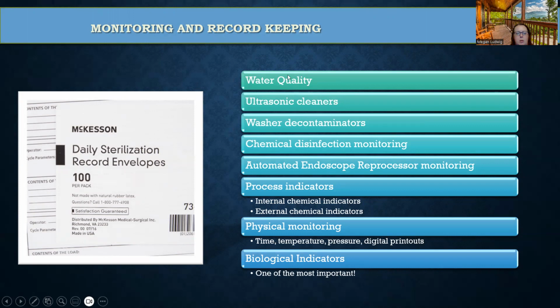Everything that we've talked about so far will have a record for it. Chemical disinfection monitoring. Are the right chemicals being used? Are they not expired? When did you put them out? There will be records of those types of things. Process indicators we've talked a little bit about, but remember there has to be an internal chemical indicator as well as an external one.